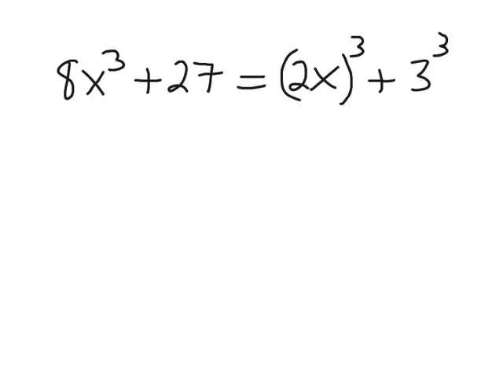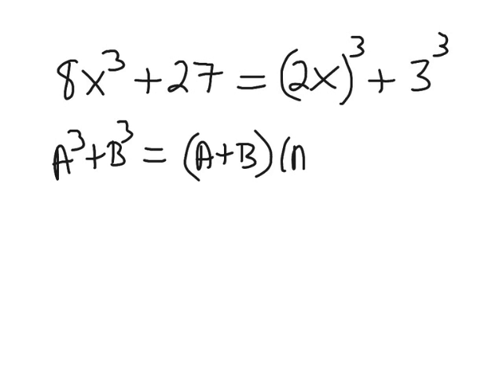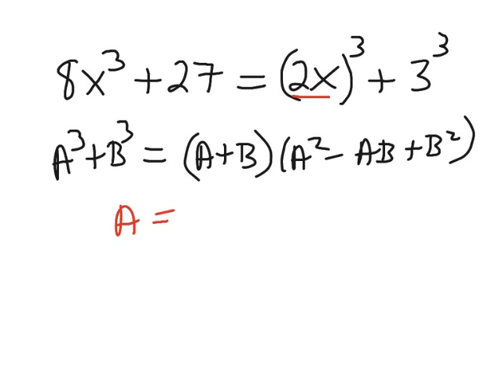Alright, so I'm going to write down the formula here to help you remember. a cubed plus b cubed factors as a plus b times a squared minus ab plus b squared. And in this case, a is 2x, and b is the number 3.